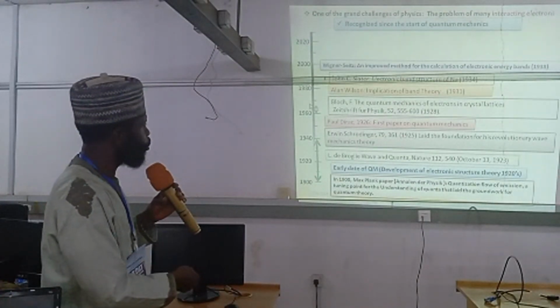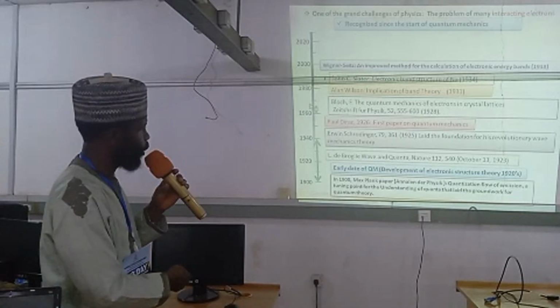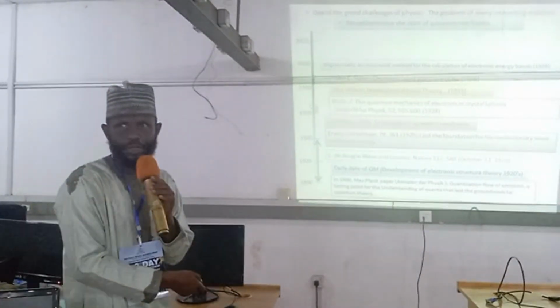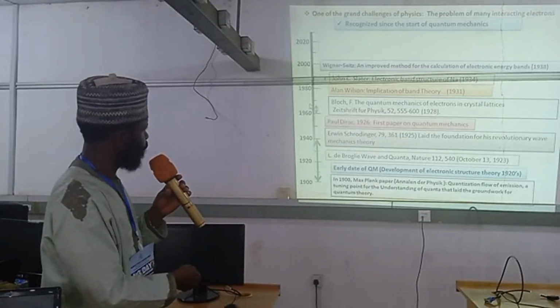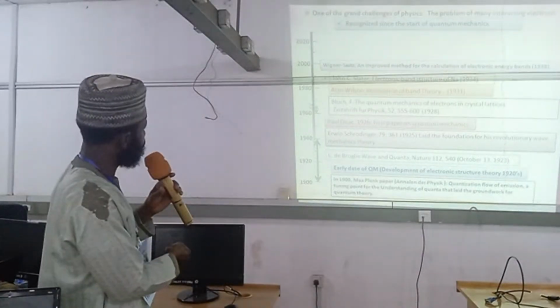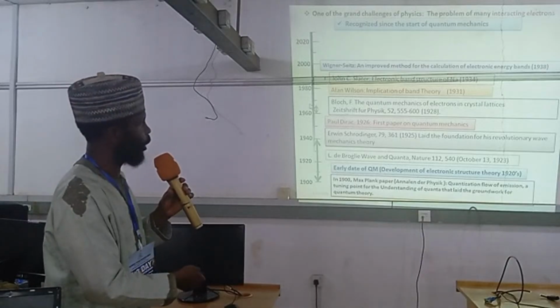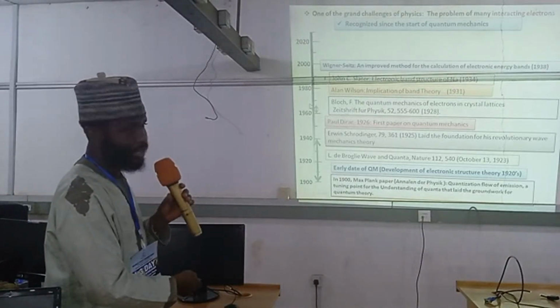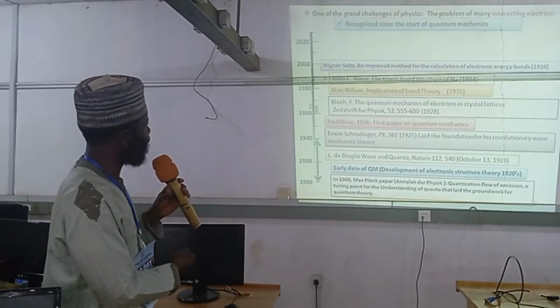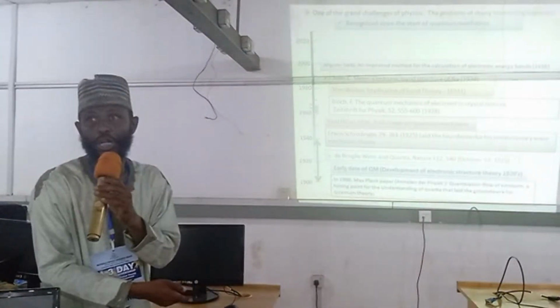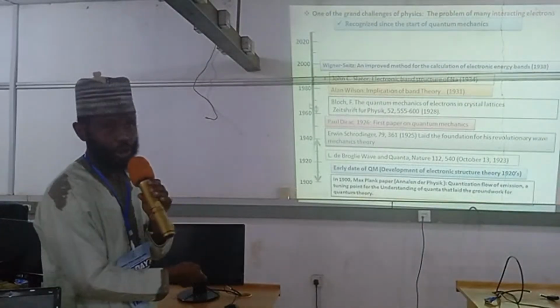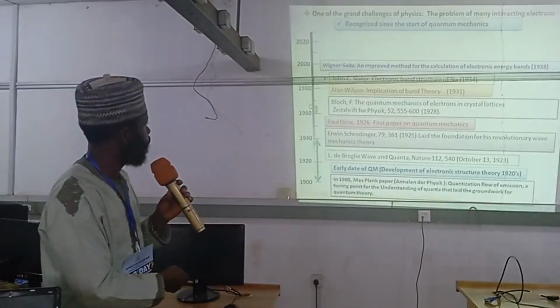Then early development of crystal structure theory was in 1920. Then also in 1923, we have the publication of de Broglie, wave and quanta. Later on, publication that laid the foundation of wave mechanics theories by Schrodinger in 1925.